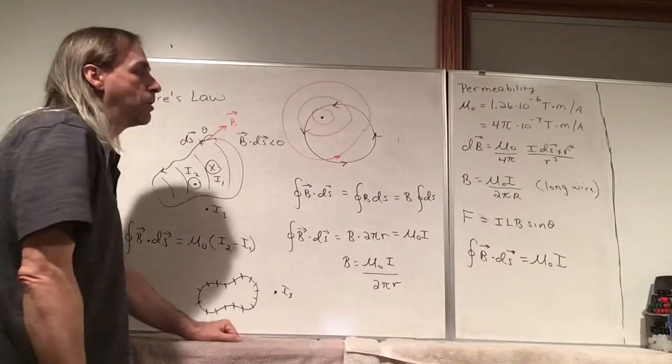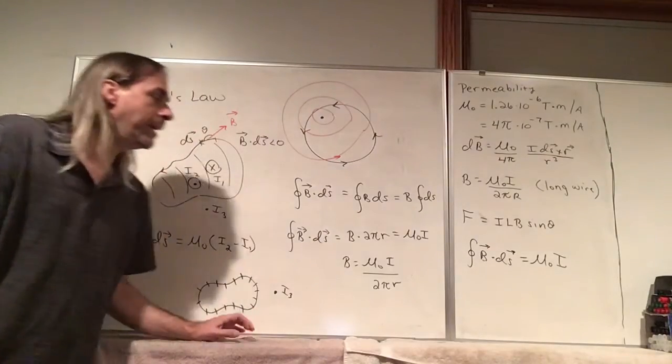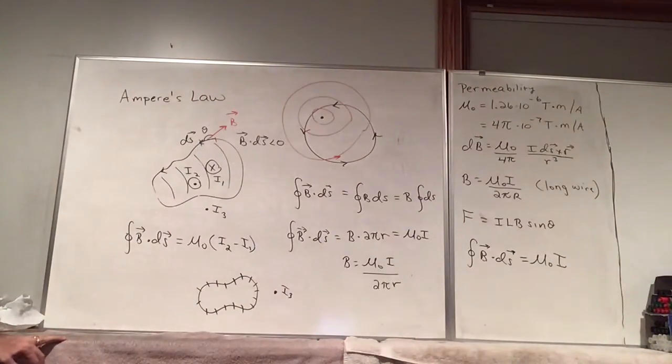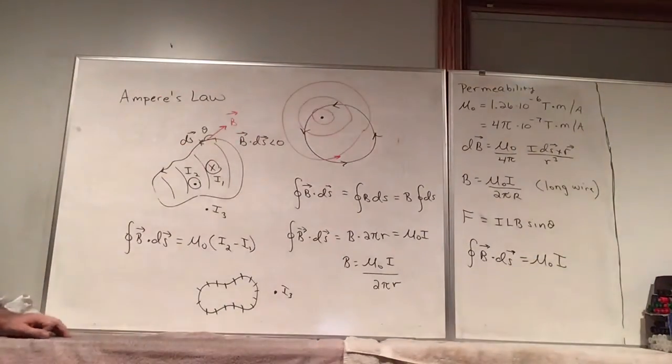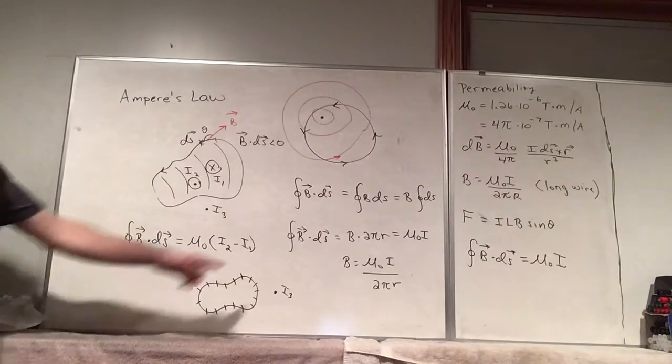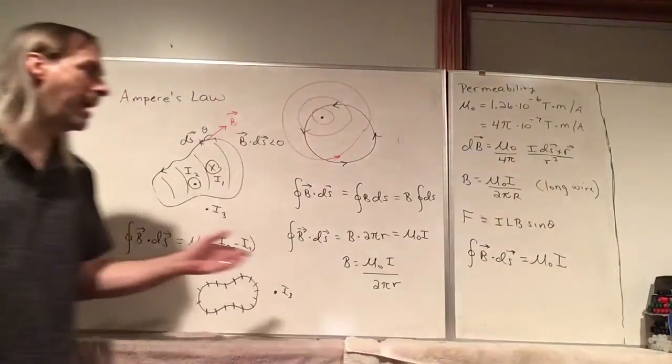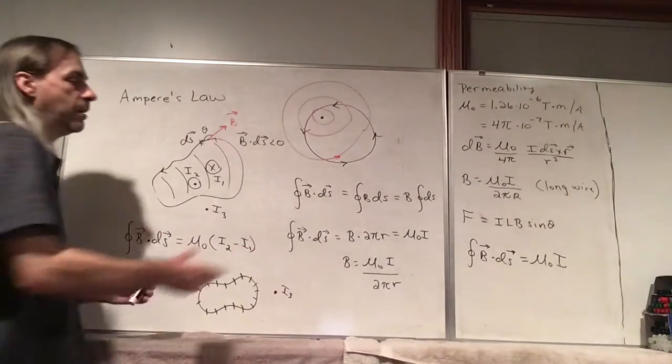Yeah, that's Ampere's law. And again, we used it to calculate the magnetic field in one case, where we had this long straight wire. Now, that doesn't always work, just like Gauss's law. And if you compare this to the Biot-Savart law, this was trivial. But it involved two things.